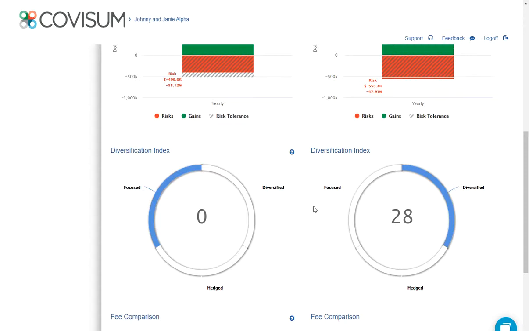And the reason is most professionally designed portfolios, unless they're designed to be one part of a larger portfolio, are really focused on risk management as much as they are on capturing returns. And that's where diversification comes into the picture.